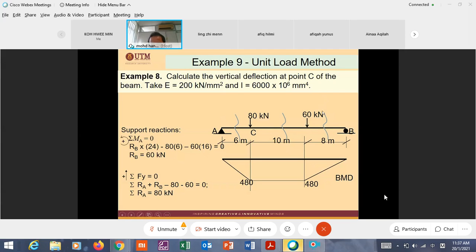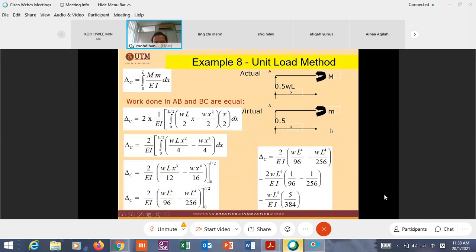Because, as you see here, the unit load method involves the multiplication of two moment equations. If you wrongly choose the long one, then it becomes a very long equation.